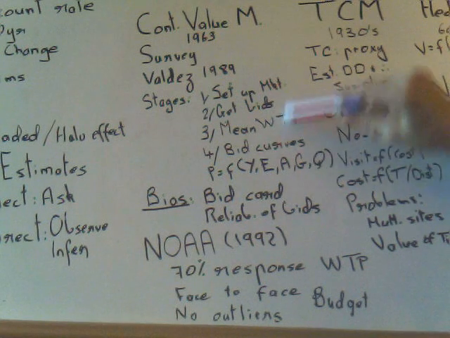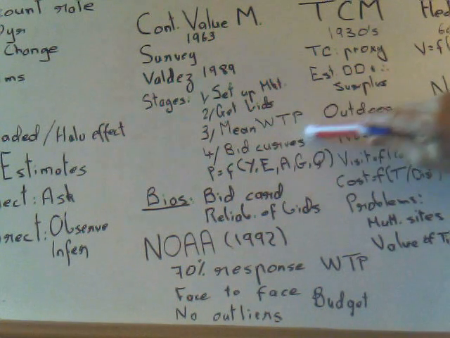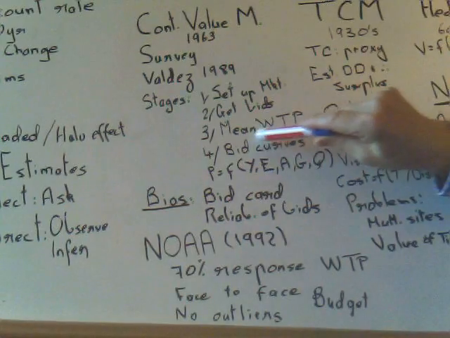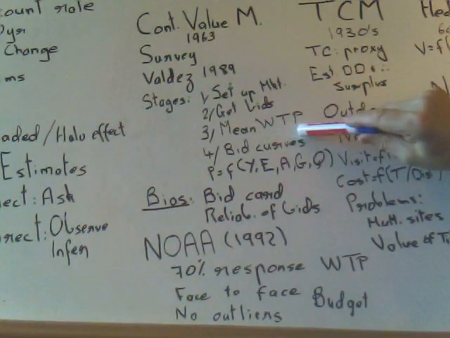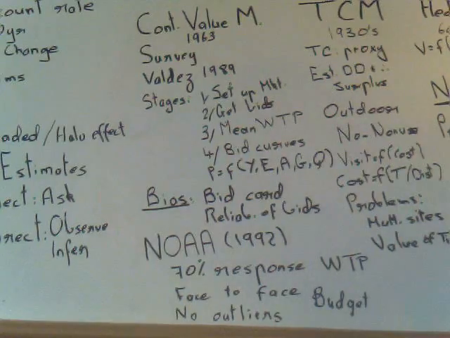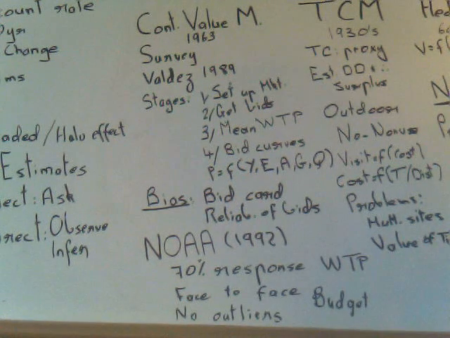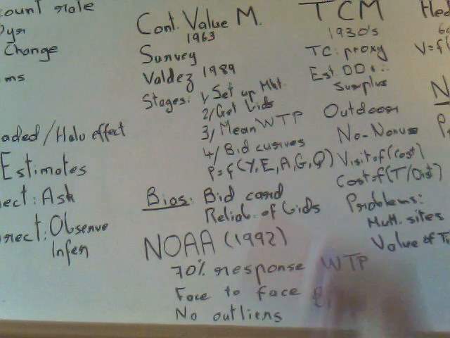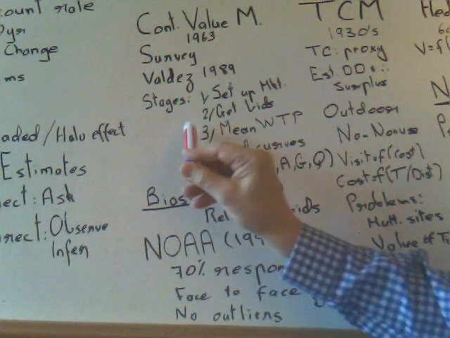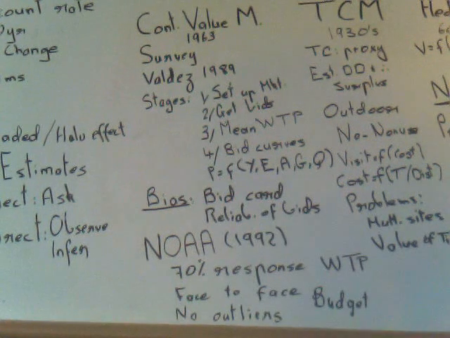Once you do that, you go ahead and calculate the mean willingness to pay. Once you calculate the mean willingness to pay, you will aggregate it in order to find out the bid curves for all of the population. So you've got to decide what your population is in this case, and you've got to move from the mean curve of an individual to the mean curve of the population.